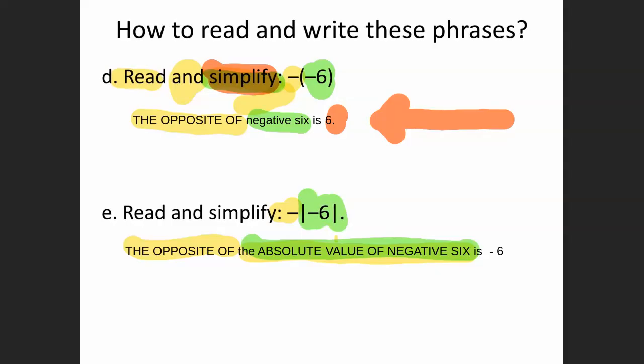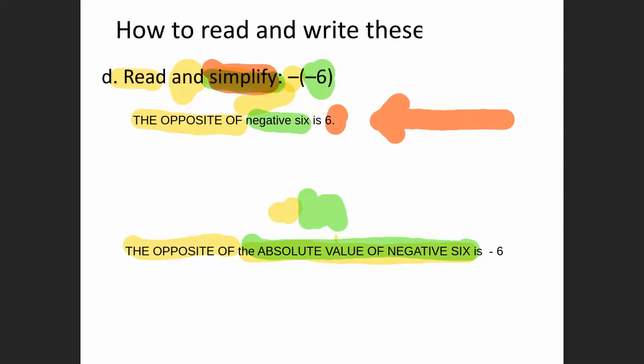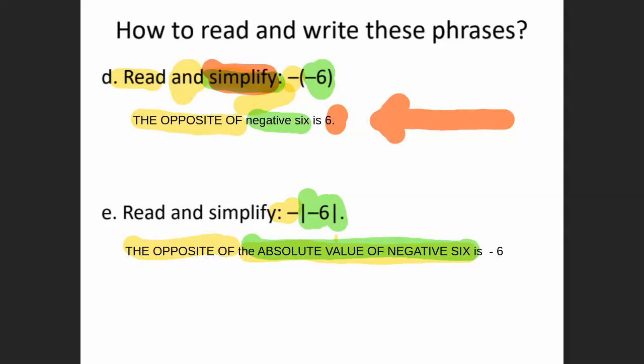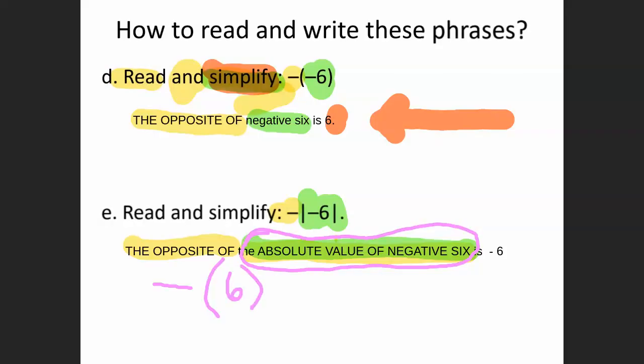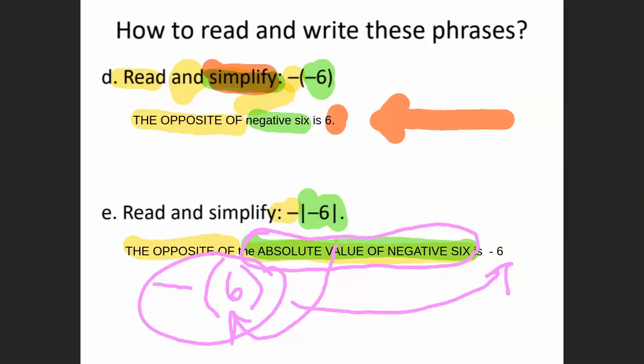Now, if we look at this very simply, and this is what you've got to think, we are saying the opposite of, now, the absolute value of negative 6 is a positive 6. That's what absolute value means. And then we're taking this symbol and saying the opposite of a positive 6 is a negative 6.